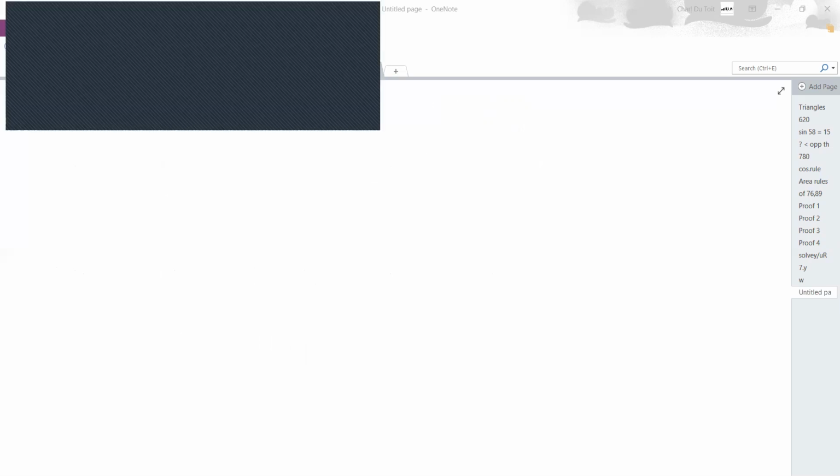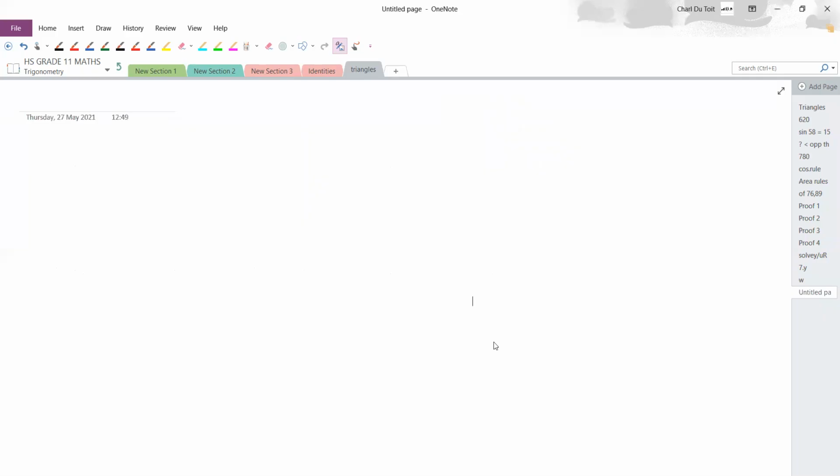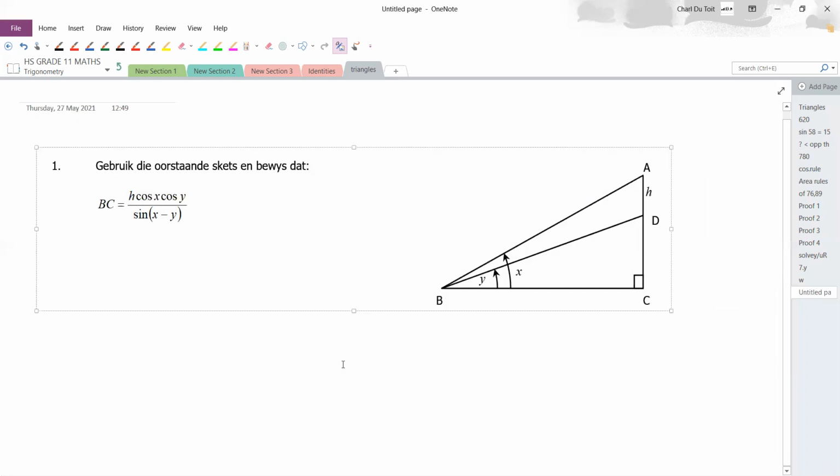I'm just going to copy and paste it. Right, so they're starting with BC. Now, BC is the common side in both triangles, in the smaller BCD one and the BCA one.